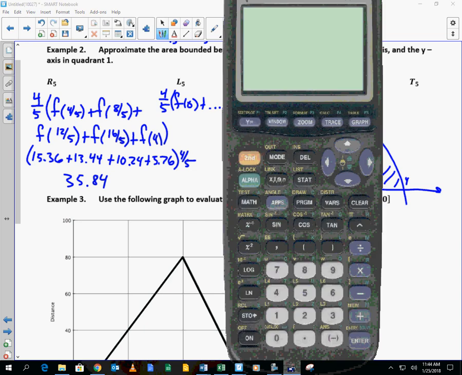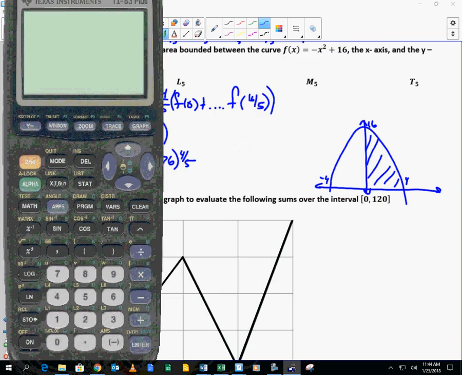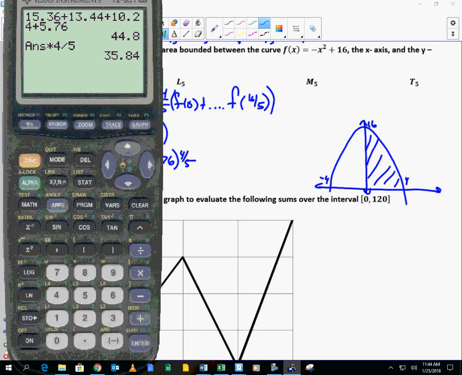So I can actually go to my calculator, and I can see that it's summed to 44.8, didn't it? So you take that 44.8, I subtract off the 0 because that was the last number, right? And I pick up, as you said, 16, and I got to multiply that by 4/5. I get 48.64.